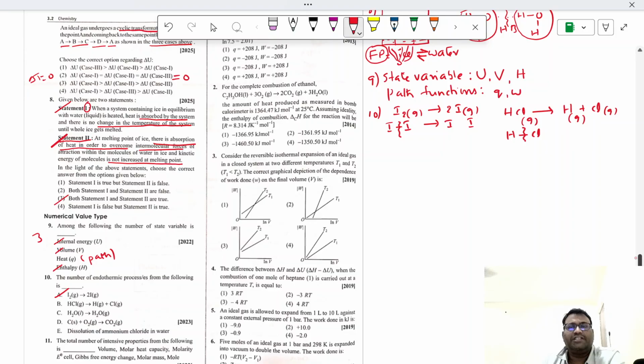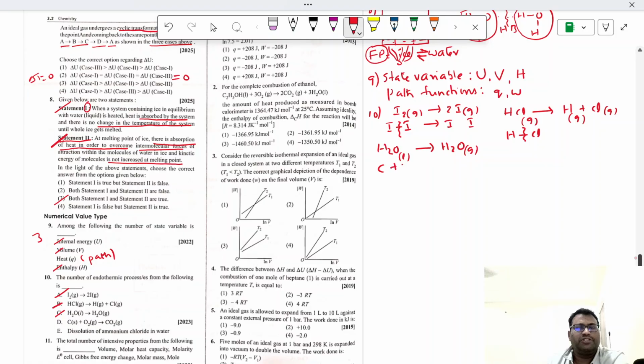When net energy is absorbed, then we say that it is an endothermic reaction. H2O liquid is converted into H2O gas. To convert liquid into gas, it is to be heated. When you heat it, automatically it becomes an endothermic process.